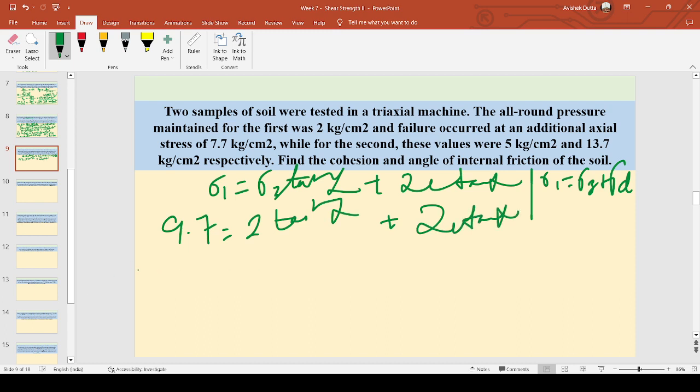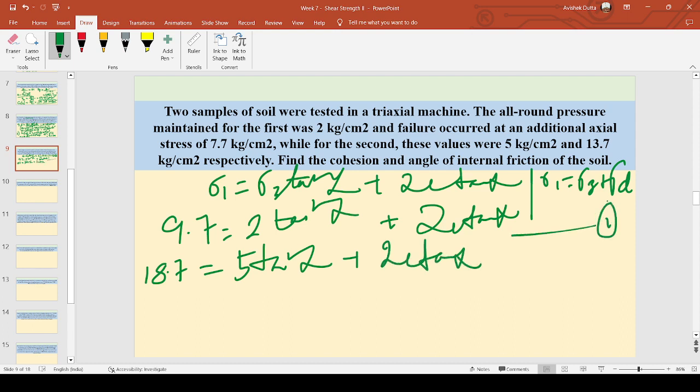And again in the second case it is 5 and 13.7, that is 18.7, equals 5 tan square alpha plus again 2c tan alpha. Now this is two equations in two unknowns.